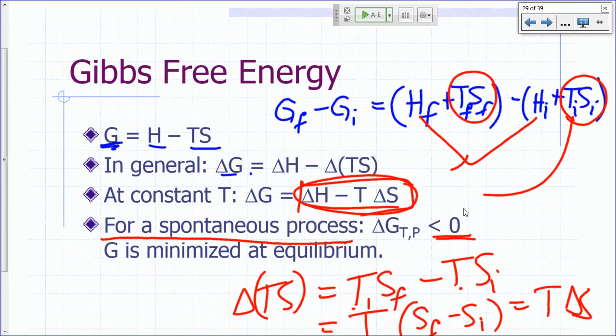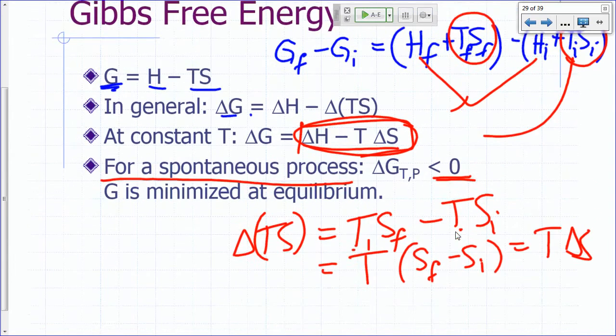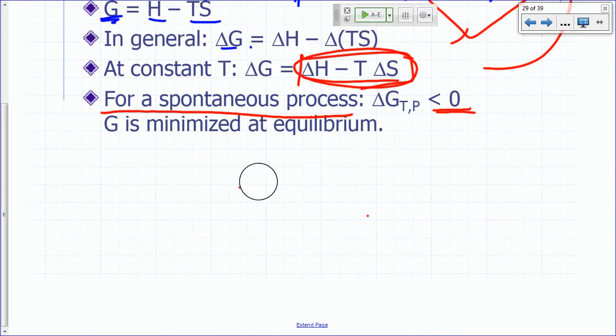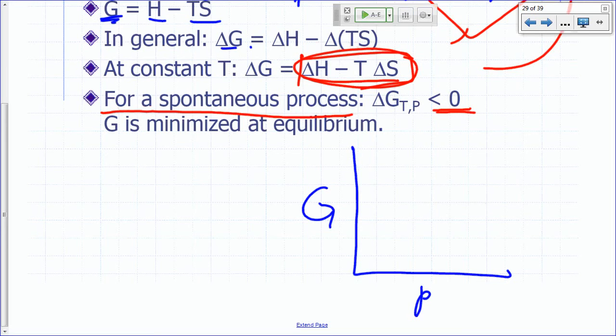So if I were to ask you to plot the Gibbs energy of a reaction as it's happening, what will you do? If you could plot G versus the progress of a reaction as a reaction is occurring, what would G be doing? It will be dropping.